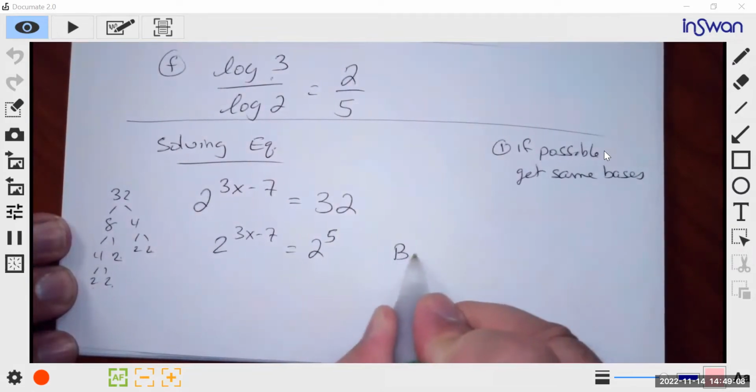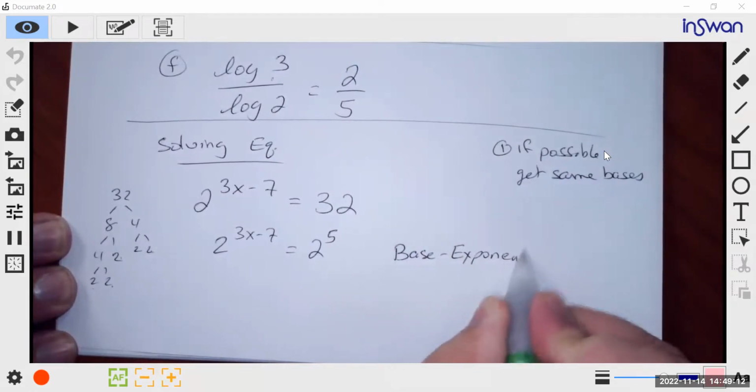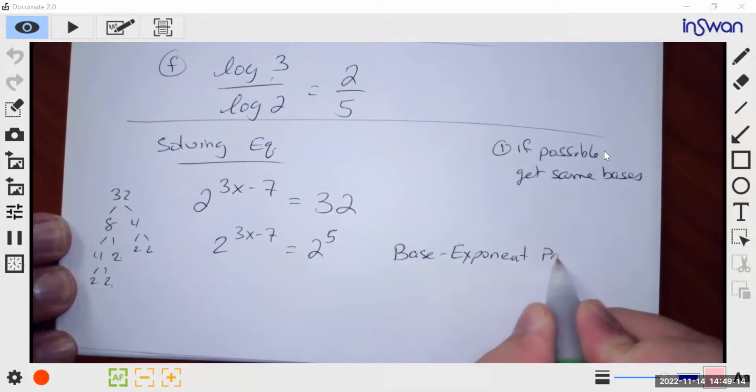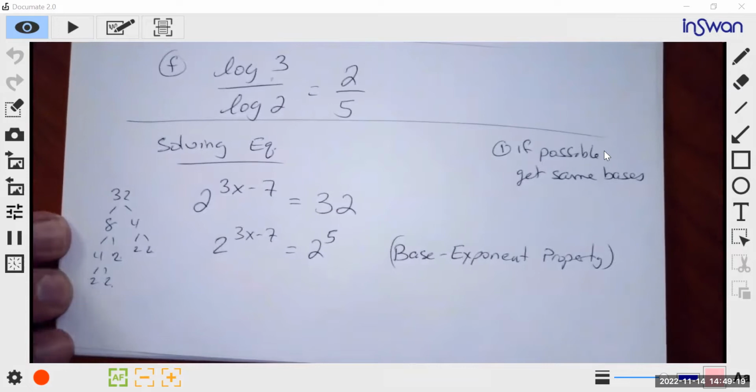This is called the base exponent property. If the bases are the same, the only way they can be equal is if the exponents are the same.